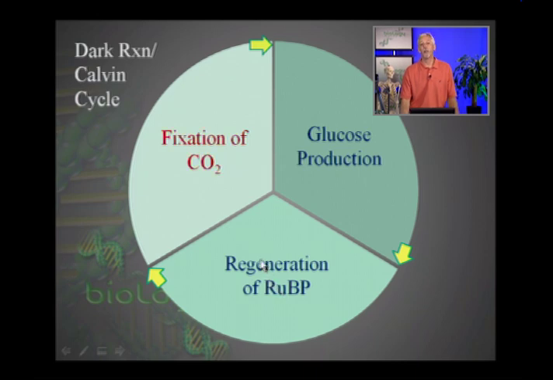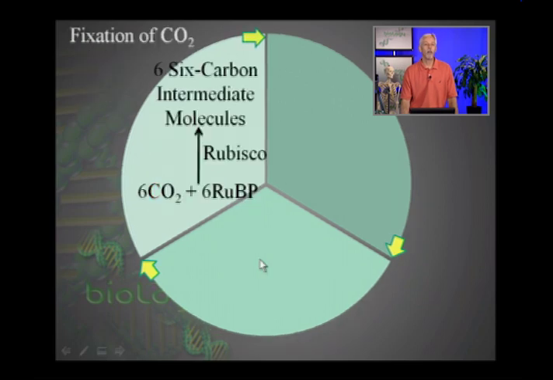So let's start with the fixation of carbon dioxide. What that means is that when you fix a molecule, you take a molecule and attach it to an already existing organic molecule. Keep in mind that carbon dioxide is an inorganic molecule, and the purpose of photosynthesis is to generate organic molecules from inorganic sources, carbon dioxide and water, into glucose.